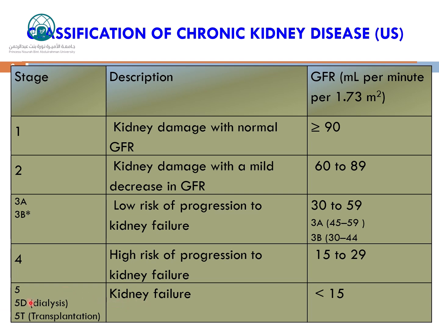Either the patient is in stage 5D, with continuous dialysis procedures, or in stage 5T, where the patient needs to have his kidney transplanted, and the GFR is less than 15 milliliters per minute.